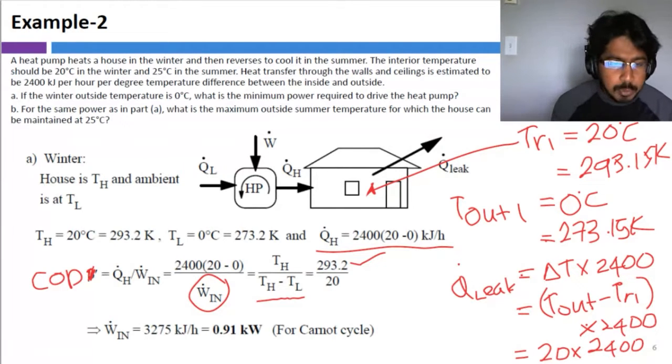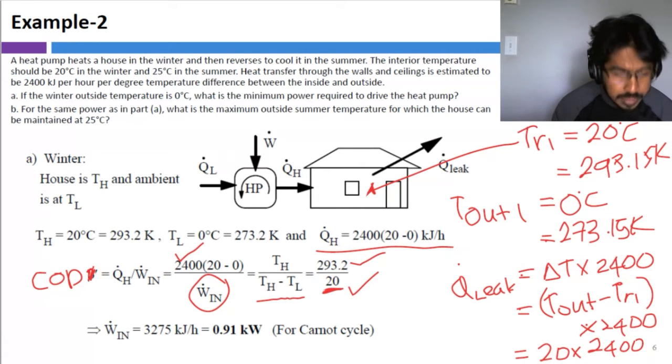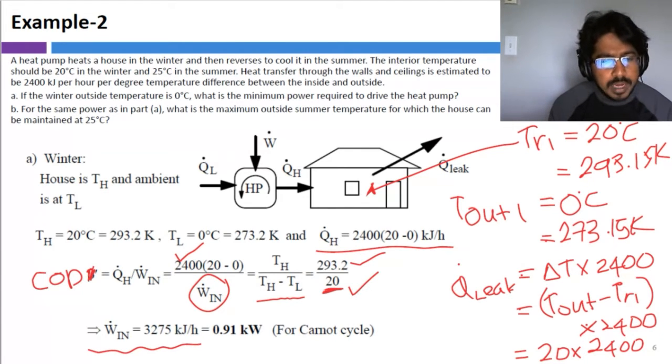And then TH minus TL, that is going to be the difference between the two temperatures, which is 20, right? So you substitute there, and then you know the efficiency, you know the heat input, and from that you can calculate the W in requirement, kilojoules per hour, right?